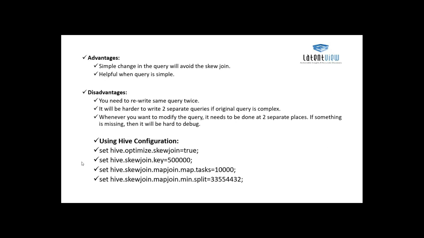But there are limitations for this also, because all these things which I am explaining are only for very small queries. If your query is very large and if you want to split it across, you have to take all the logics into consideration. And if you break any logic, then the time taken for debugging itself will be very more. So in those cases, what we can do is, there are some inbuilt Hive configurations that can be set without changing your query.